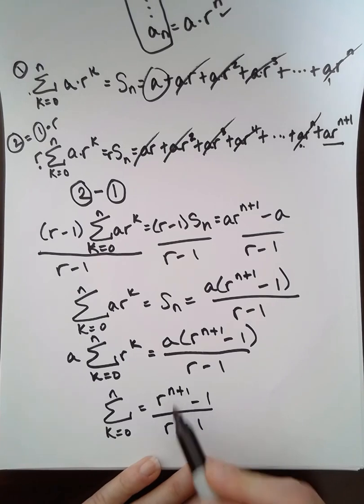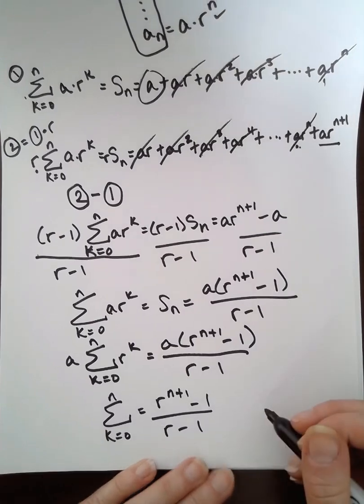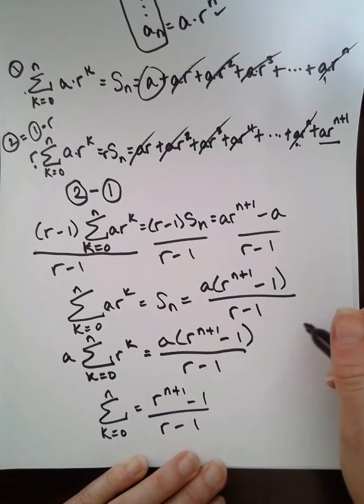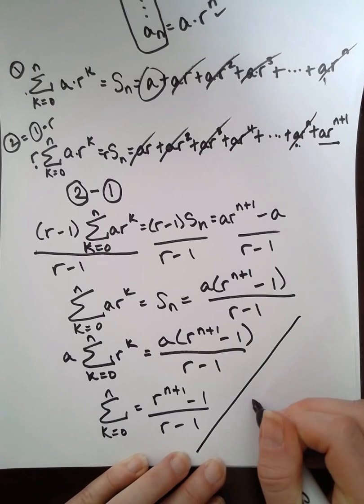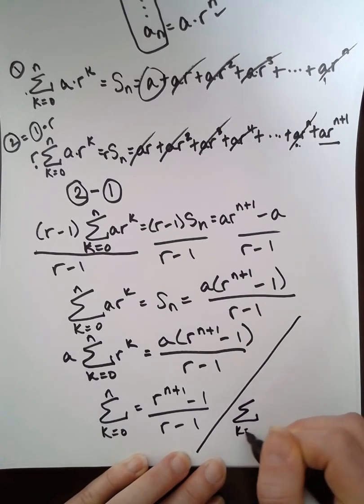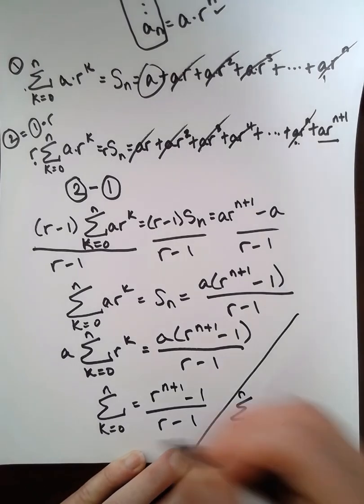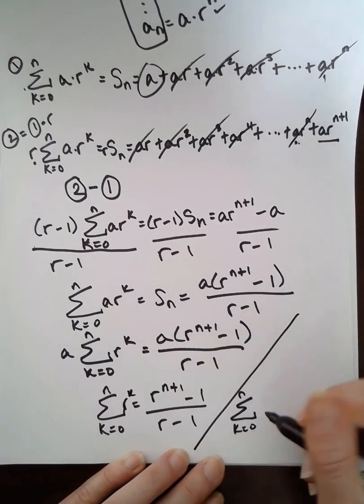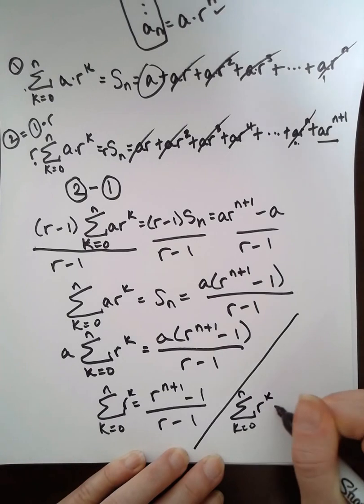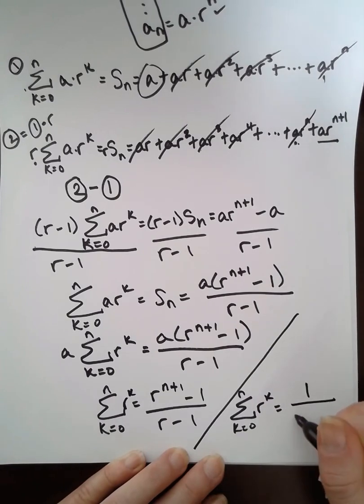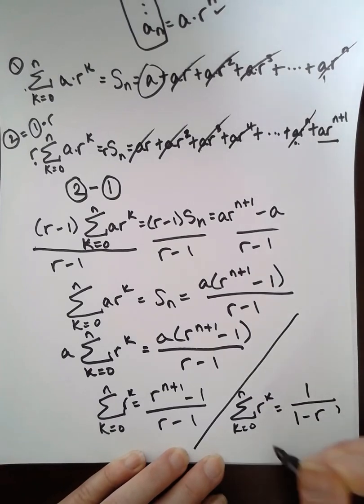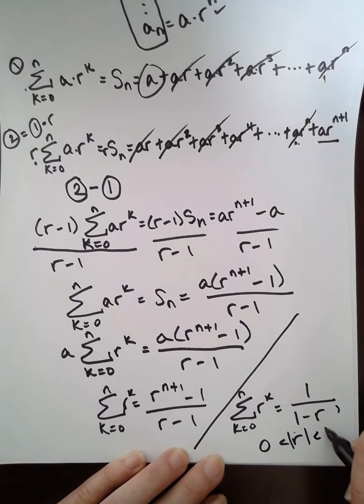So if that's the case, then this sum will be 1 over 1 minus r if the absolute value of r is between 0 and 1.